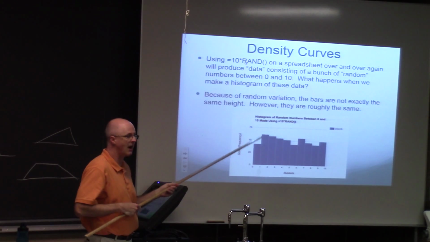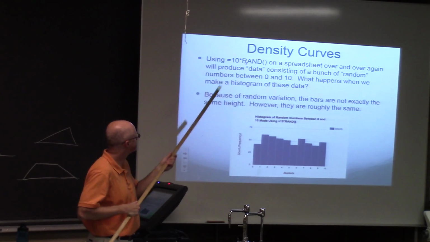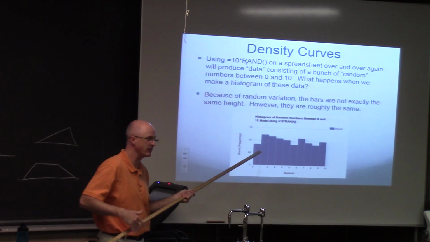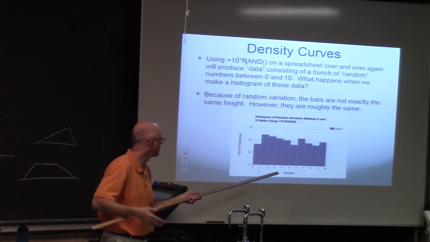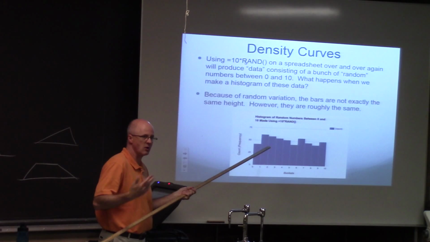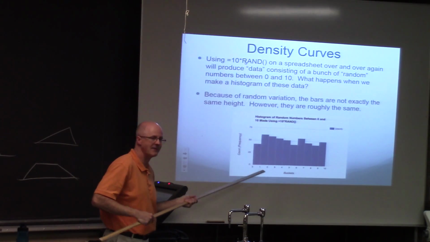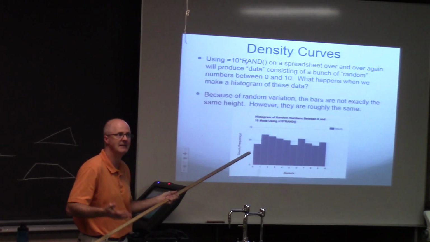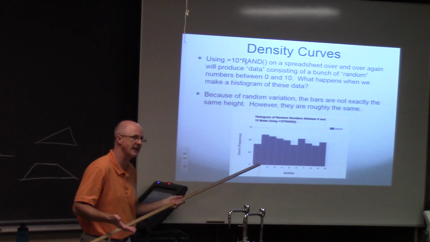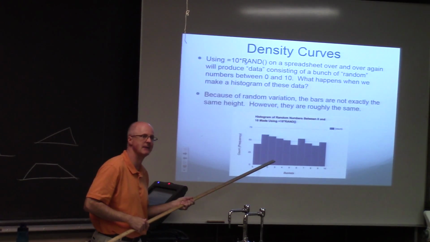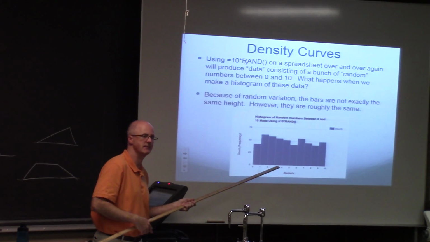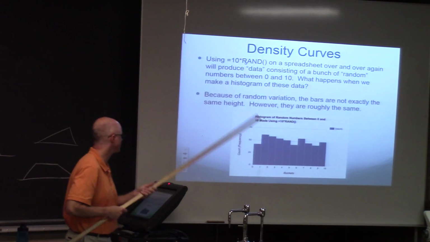And basically what we saw when we applied this equals 10 times rand over and over and over again was that the histogram for the data that we got, the simulated data, was roughly similar all the time. These bars are not the same heights because you shouldn't expect the outcomes to be exactly the same because of random variation. However, they're all approximately the same height, and as you continue doing the simulation, you got similar kinds of graphs.